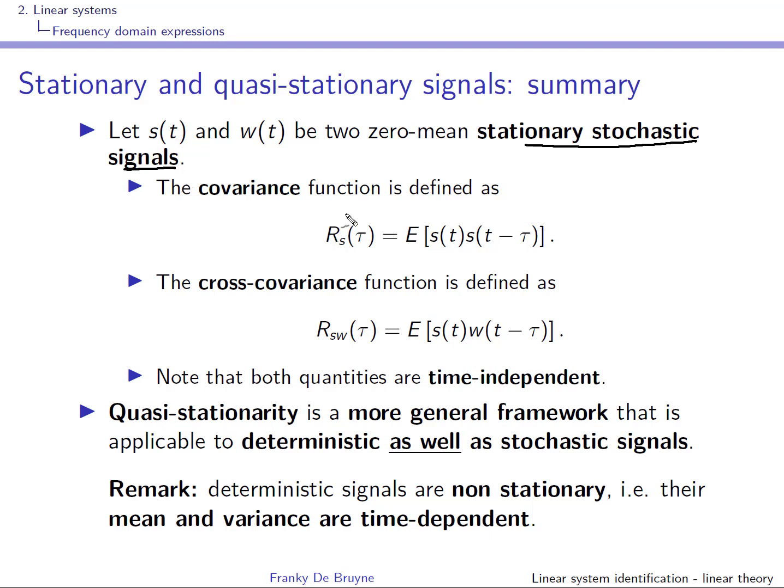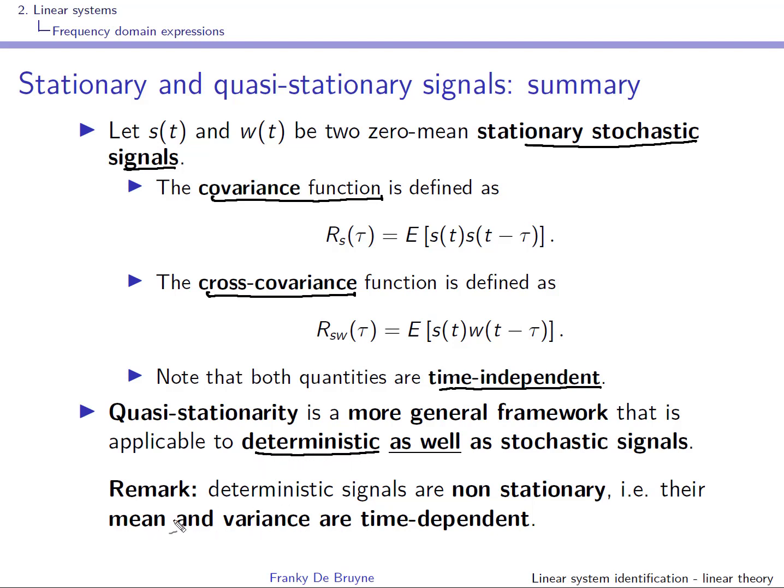So we have to look at the covariance function, sometimes called also the autocorrelation function, and the cross-covariance function or the cross-correlation function, and if these processes S and W are stationary, then these quantities are time independent. Of course, we do not work only with stochastic signals, we also work with deterministic signals.